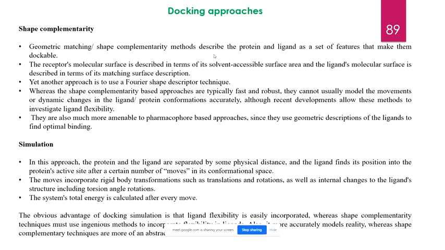You have to see that the ligand is obviously going to come and bind to that active site, but for binding it is going to make a certain number of moves in its conformational space. It is going to change its structure, change its shape, turn, and flip, and you have to calculate all this flipping and incorporate it into your considerations.